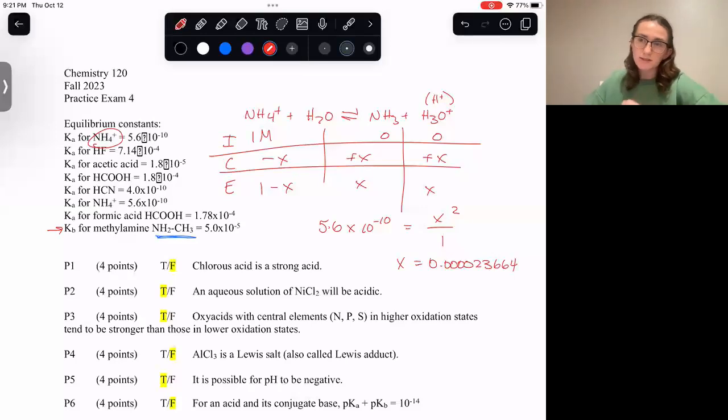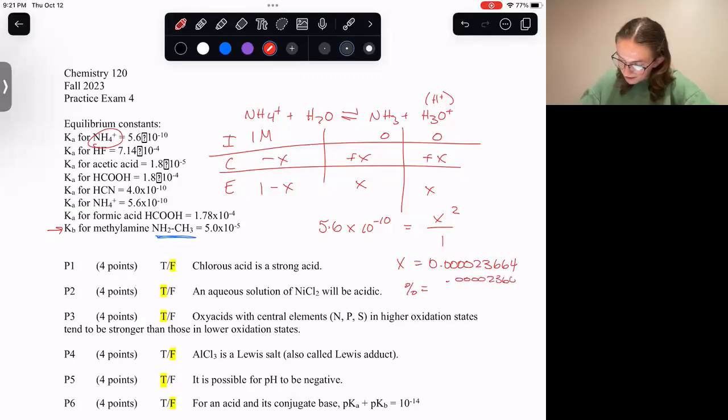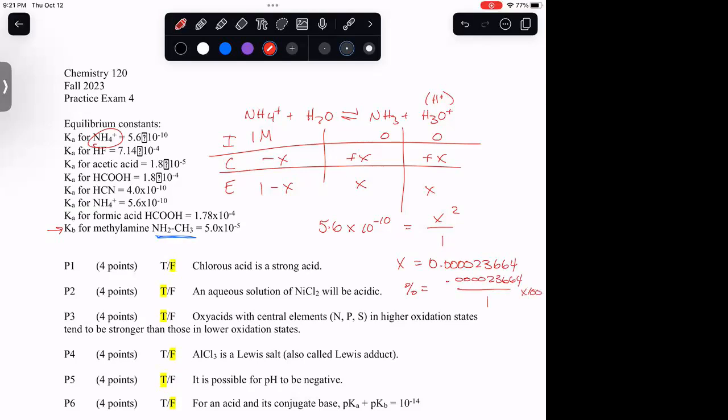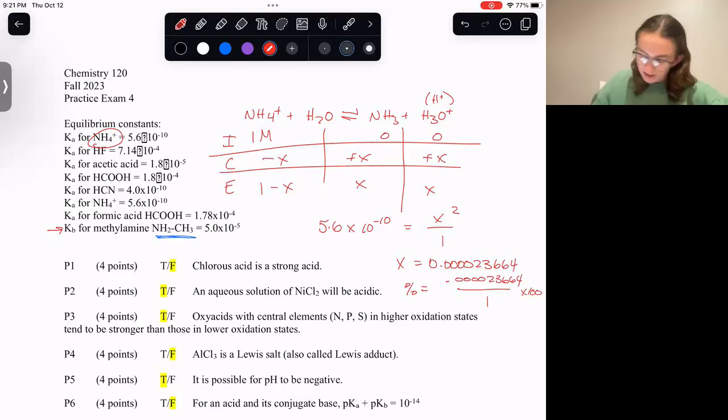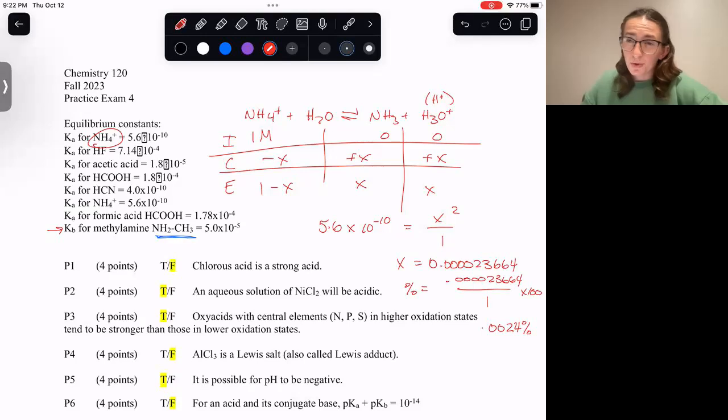If we're talking about percent ionization, that's 0.0000236664 over 1, because that's our initial, times 100. So if we do times 100 of this, it's only 0.0024% ionized. So the weak acids, I think, don't even get close to 1.